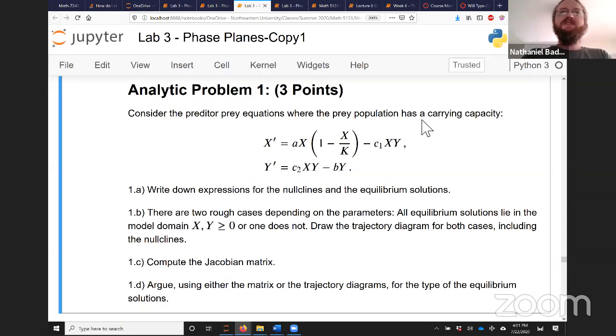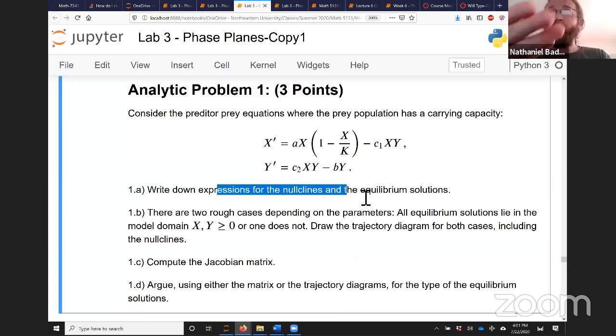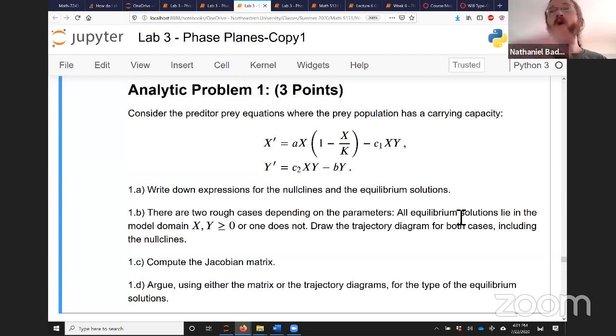And this is going to be mostly analytic, but I want to encourage you guys to simulate things, to take a look at them. Basically, what I want you to do is the kind of analysis we've been doing over the past few days. So write down the null lines, the equilibrium solutions. There's two rough cases depending on the parameters. Basically, all of these equilibrium solutions lie in the model domain, or one of them doesn't. So show me what those two cases are.